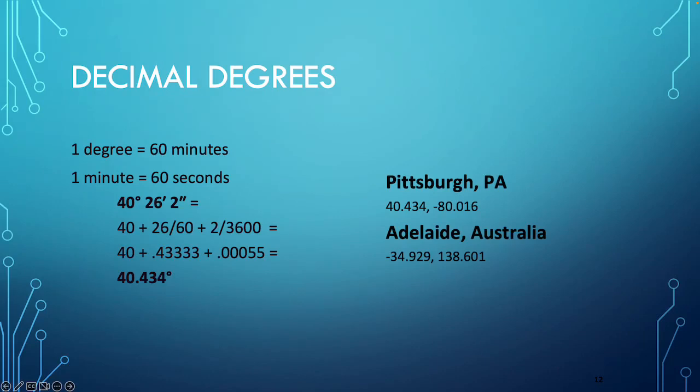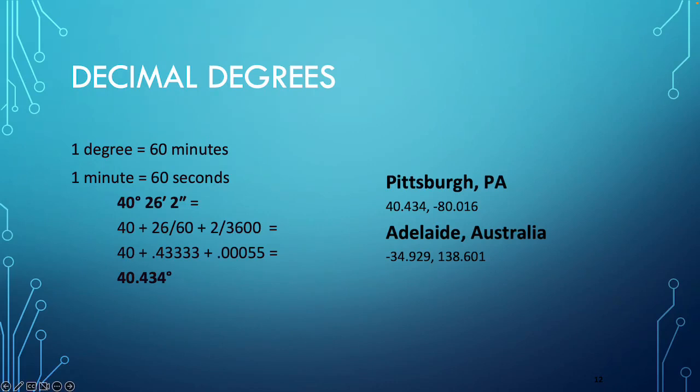It's a lot easier for a computer, and I think a lot easier for us too, to deal with one number instead of 3 different numbers. So while a lot of data is reported in degrees, minutes, and seconds, ArcGIS can't really do anything with that, and we have to convert that into what are called decimal degrees.